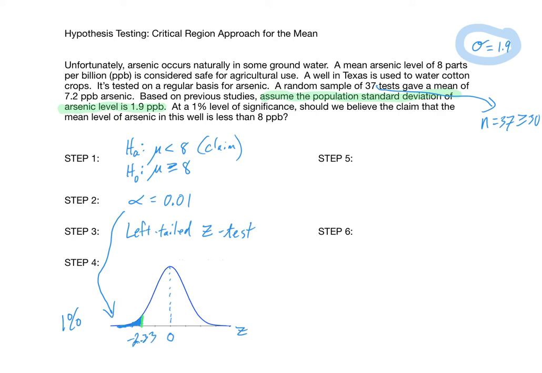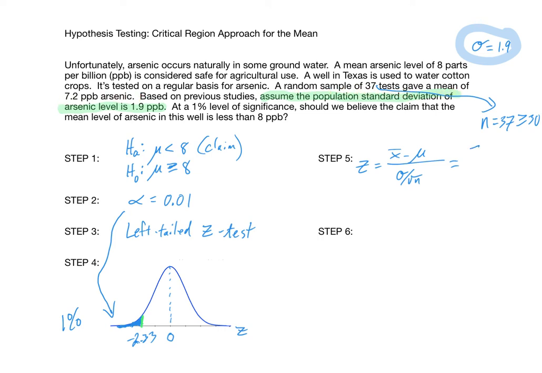Now that we've got our critical region graph fully labeled, we now need to go over to step 5, where we will compute our test statistic. Since we're doing a z-test, we're going to compute the z-test statistic. Well, the z-test statistic, as a reminder, is equal to x bar minus mu over the ratio of sigma to root n. X bar is the sample mean, and we saw here a random sample of 37 tests gave a mean of 7.2 parts per billion.